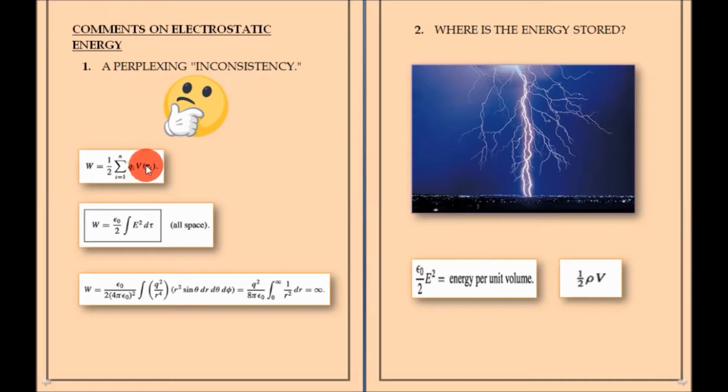This equation does not take into account the work necessary to make the point charges in the first place. We started with the point charges and simply found out the work required to bring them together. In fact, this equation is more complete in the sense that it tells you the total energy stored in a charge configuration.